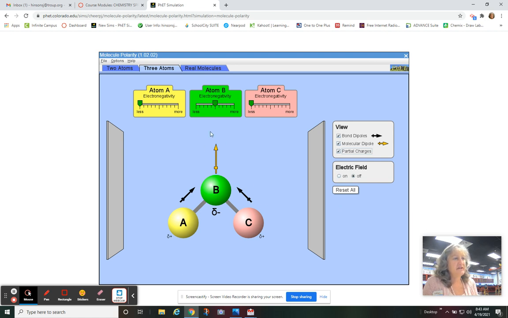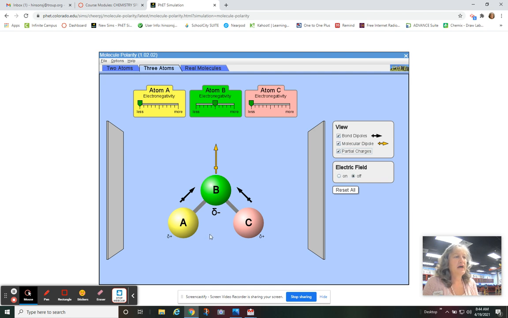So this idea of a combined overall dipole moment is interesting, and that is contributed not only by the bond polarity, but also by the overall shape. Now that we know something about shapes, this is a bent molecule, and that leads to the molecule being polar.